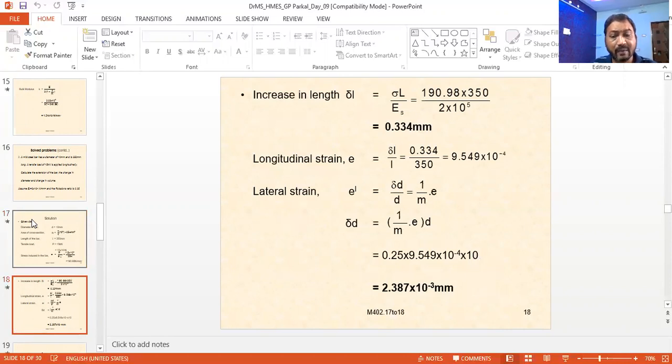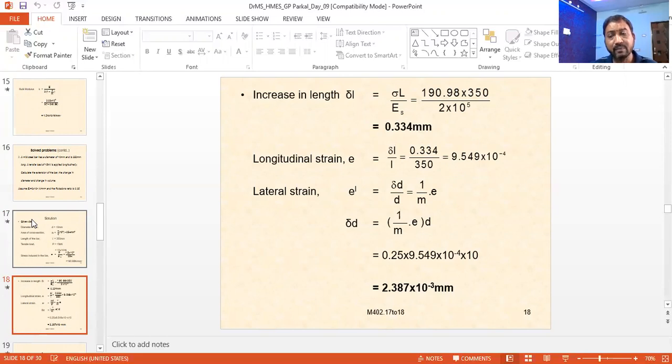Now the next step is we have to find out the increase in length. Here, because the body is subjected to the tensile force along the length, it will increase the length of the bar. So the increase in length delta L is equal to sigma into L by E, that is stress into length by Young's modulus.